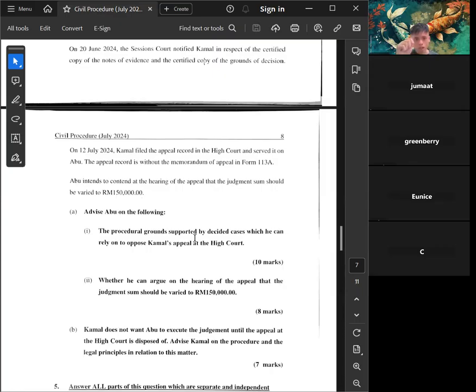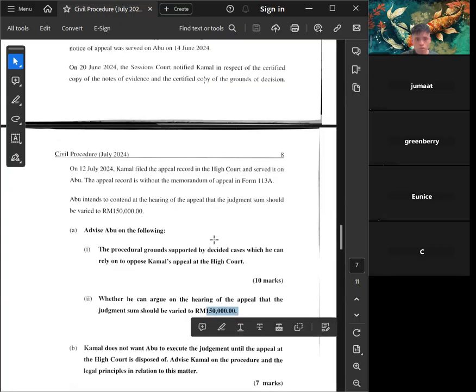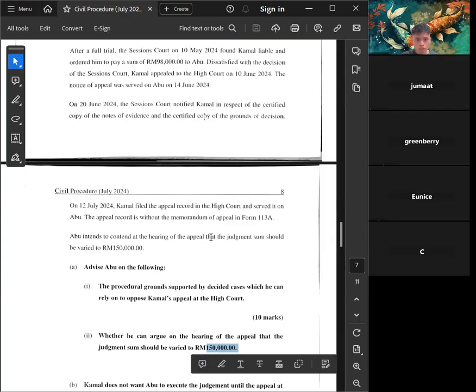The reason this is quite technical is that we want to know what Abu wants. He wants to reverse the judgment. He wants to vary the judgment.